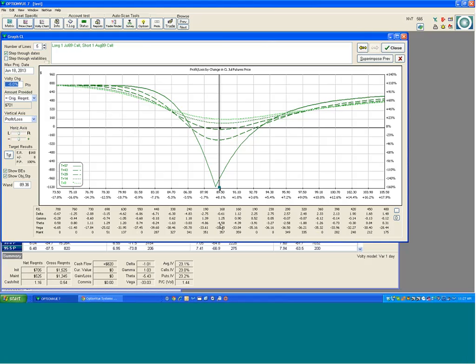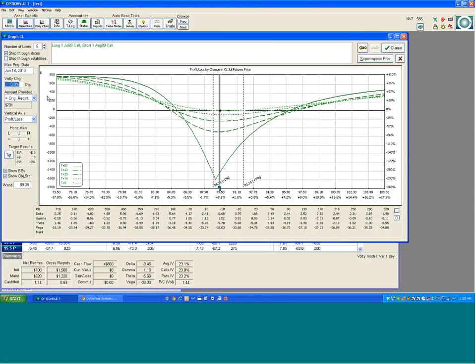I like to have trades with positive theta if at all possible, because otherwise the timing on the volatility change is much more important for you.